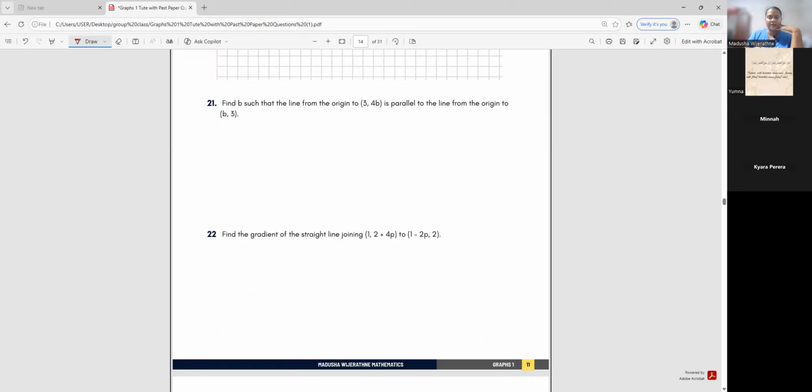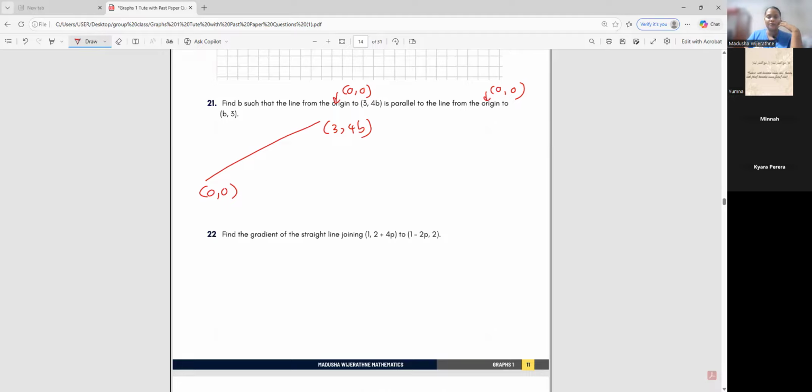Find the value of b such that the line from the origin to (3, 4b) is parallel to the line from the origin to (b, 3). From the origin means this point is (0, 0). There are 2 lines. The first line is starting from the origin (0, 0), and the second point is (3, 4b).